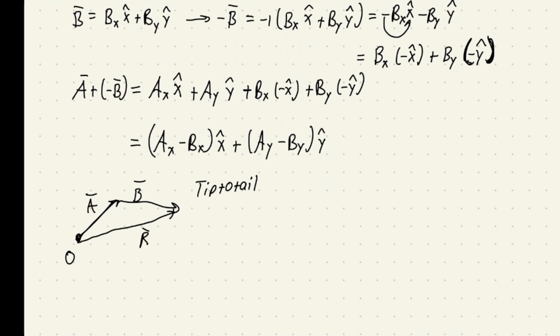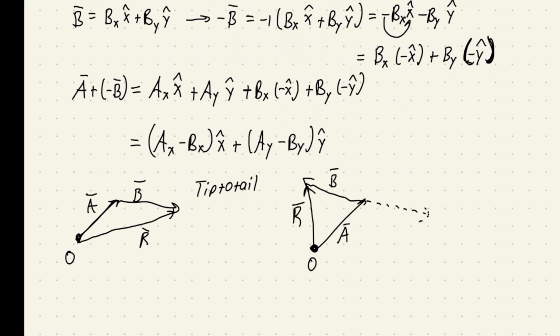If we wanted to do subtraction, we would do A vector plus negative B vector, but B vector points in this direction, and so negative B vector would point in the opposite direction, which would be this way. So I'd have A vector, I would have B vector, and then my result, here's my origin, and my resultant goes from origin to the tip of B vector, and that's my resultant.